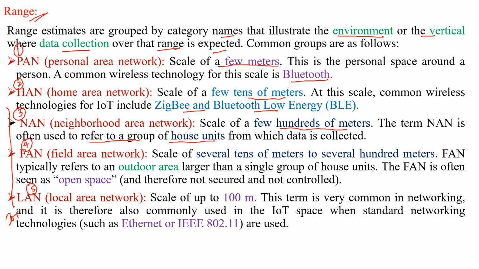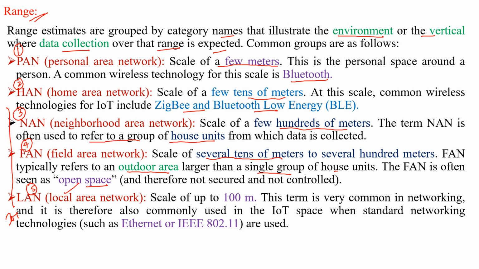Moving on to the next category, that is your field area network. Instead of house units, here it is several tens of meters to several hundreds of meters. Field area network refers to an outdoor area larger than a single group of house units. The FAN is often seen in open space, therefore it is not secured and not controlled. The last category is your local area network.